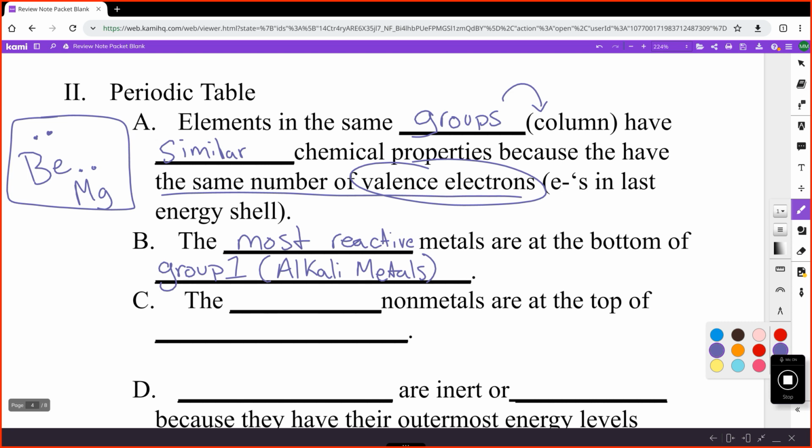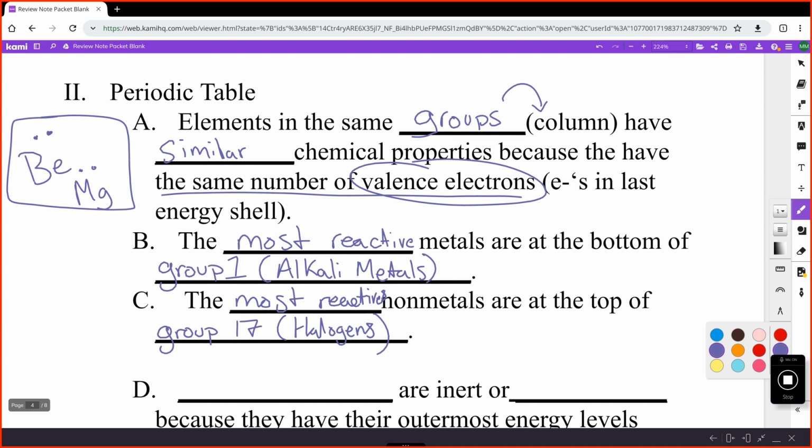Now, the most reactive nonmetals are not all the way to the right. They're at the top of group 17, not 18, group 17. These are called the halogens.